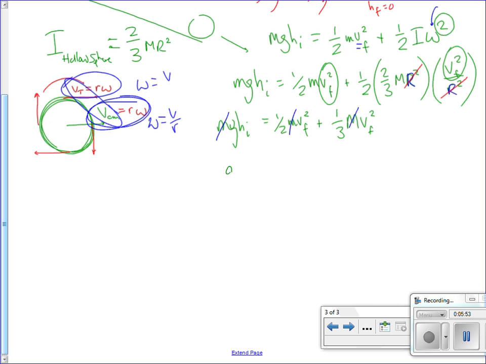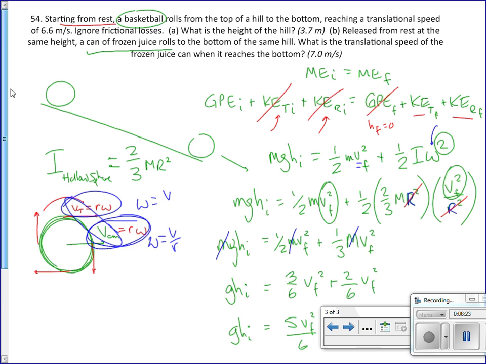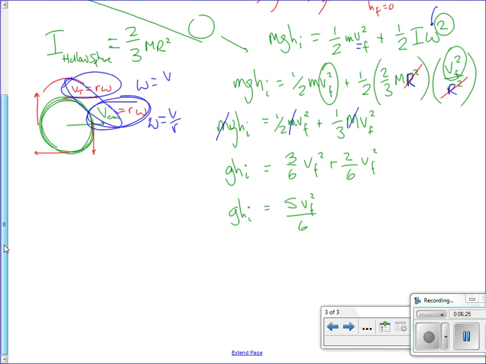We have gh initial is VF squared over 2 plus VF squared over 3. So this is really like 3/6 VF squared plus 2/6 VF squared. So gh initial is 5 VF squared over 6. That's what we're looking for, the height of the hill. Great.